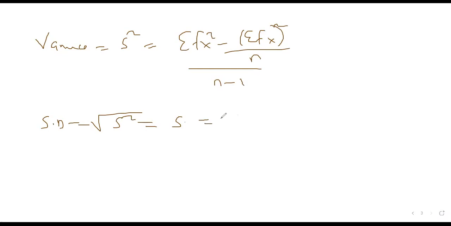So since our answer in this case was 8.2424, when you square root this, the name changes to our standard deviation, which is 2.87 as a value. And this is what we covered yesterday.